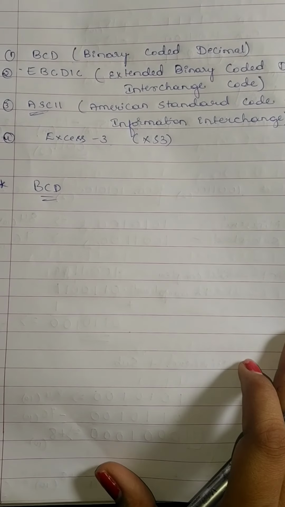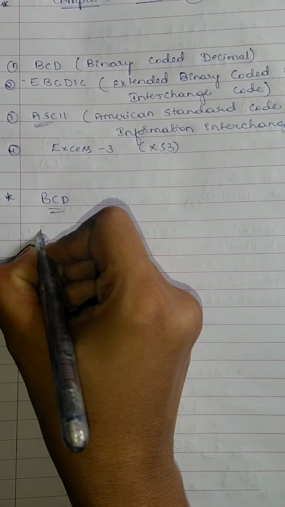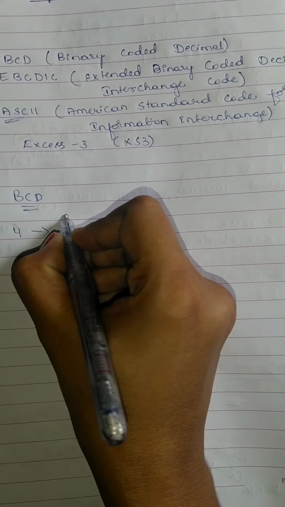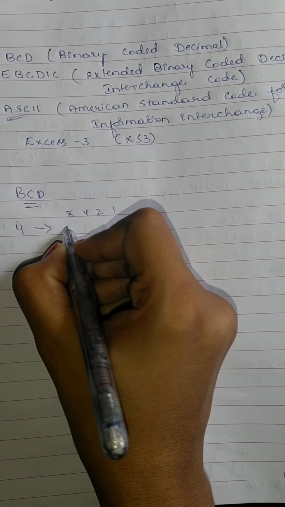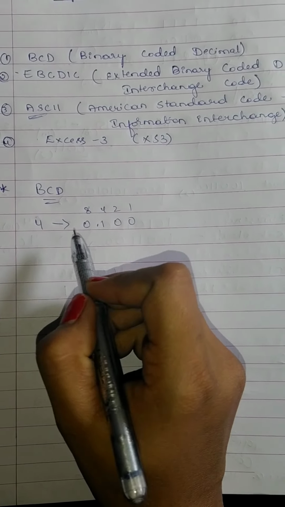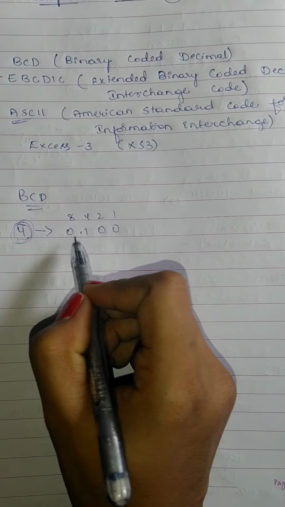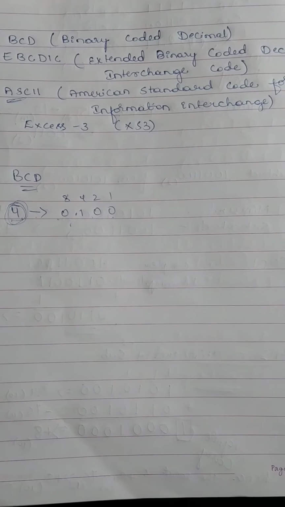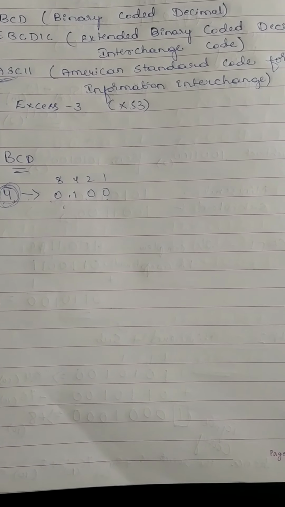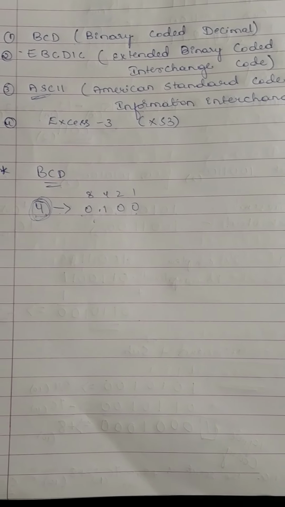I already told you about 8421 format. For example, if I want to represent 4 in 8421 format, 4 is 0100. Like that, each independent decimal digit is converted into its equivalent 4-digit binary number. So this is regarding BCD, binary coded decimal.